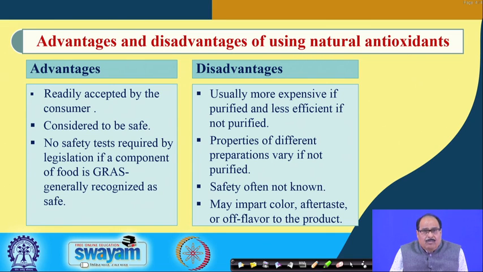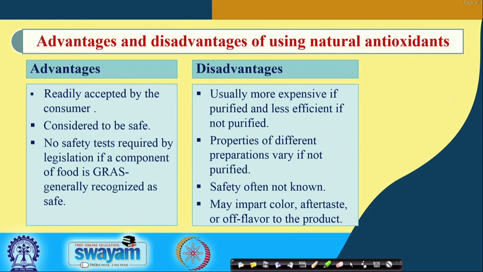They are considered to be safe, and in fact, no safety tests are required by regulatory agencies if the component being used as a natural antioxidant is a food material or extract of a material which is generally used as a food, or it is listed in the category of GRAS, that is generally recognized as safe. So, there is no problem, it can be used without any disadvantage.